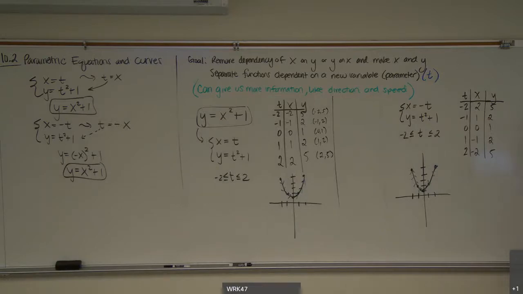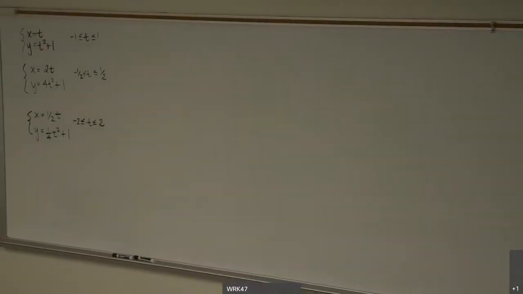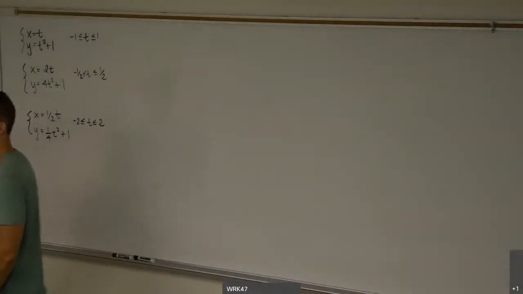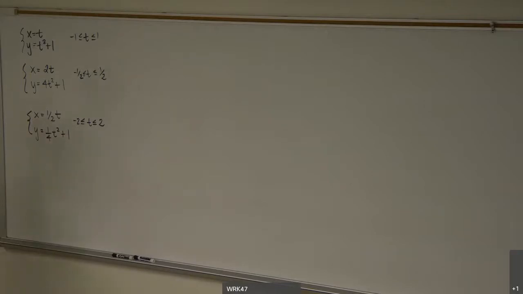So let's go with this a little bit further. We're still going to be looking at the same parabola. And let's look at these three sets of parametric equations on three different time intervals, or three different t intervals. Negative 1 to 1, negative 1/2 to 1/2, and negative 2 to 2. And so we'll label these.